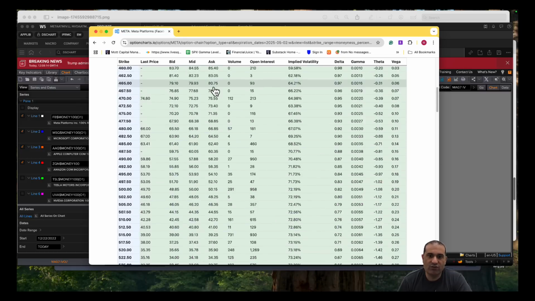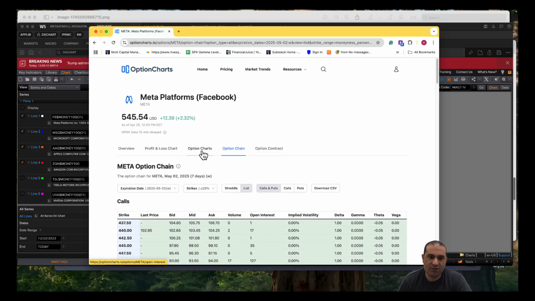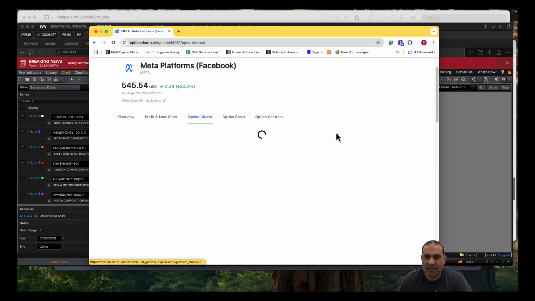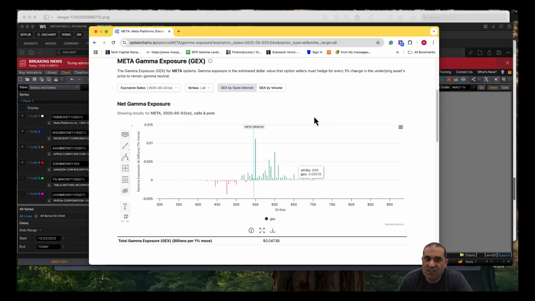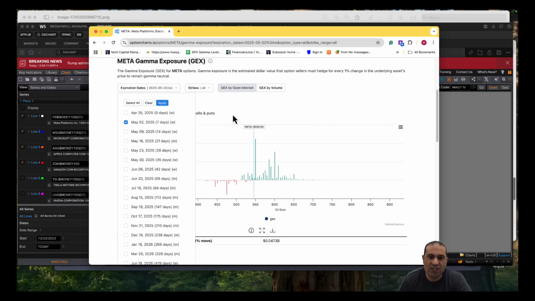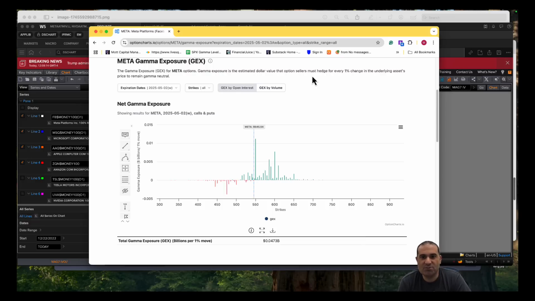And so when we look at, let's say, Meta, for example, and you look at the gamma exposure levels, what you see here, which is quite interesting for next week, is actually fairly bullish positioning, which is not what I would have expected, because I think the last time I looked, it was fairly bearish. And that's one of the reasons why Tesla's been rallying the last couple of days. And so what you see here is a very big level of gamma at 550.